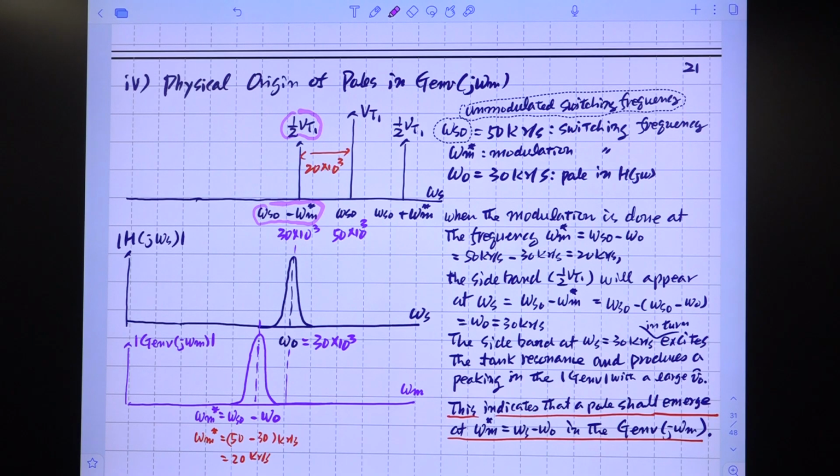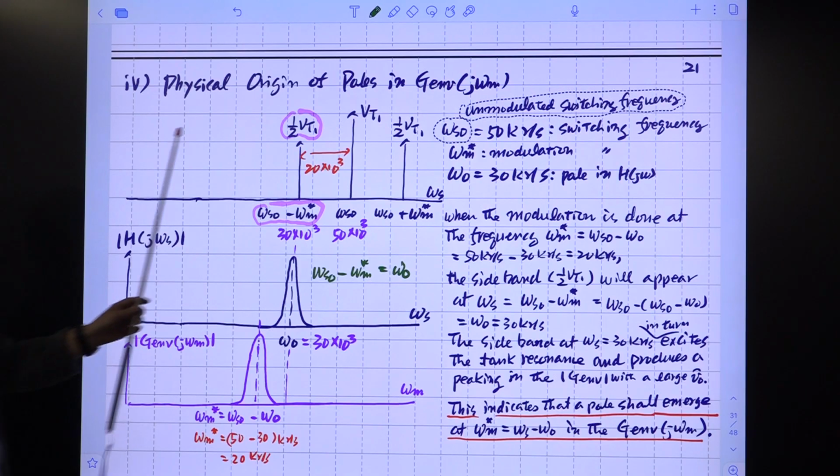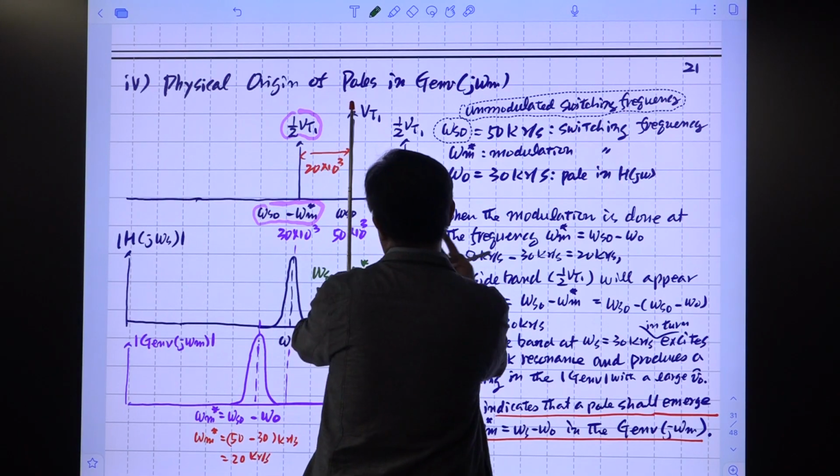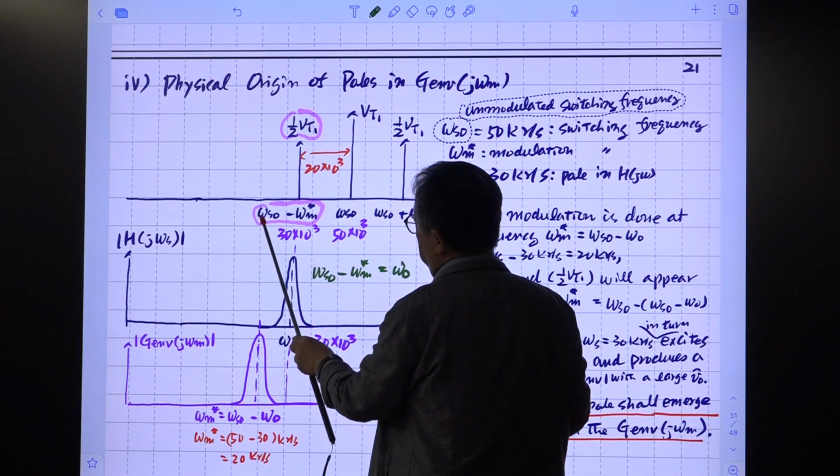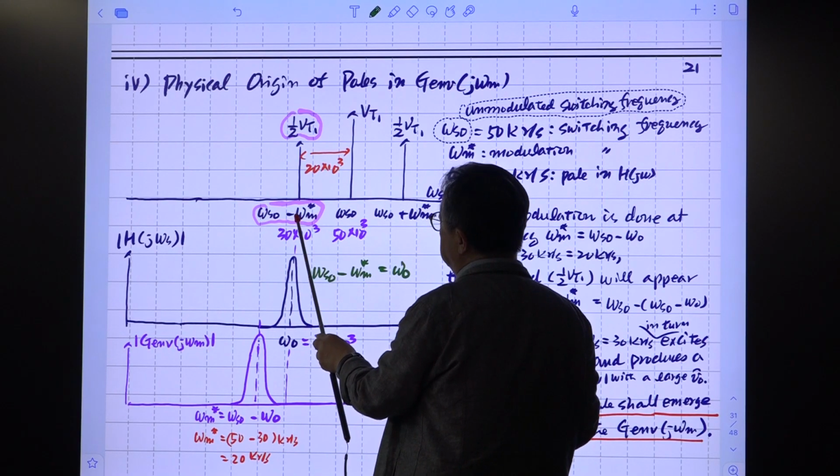So the condition for that is if omega SO minus omega M star, meaning the specific switching frequency, is the same as this one. The switching frequency was here, and somehow the modulation frequency becomes this one, the same as this.